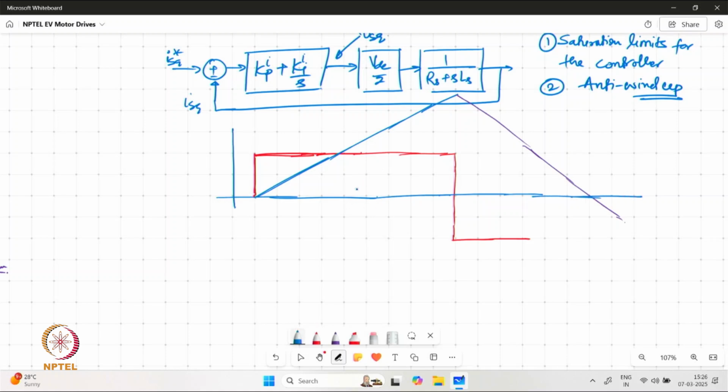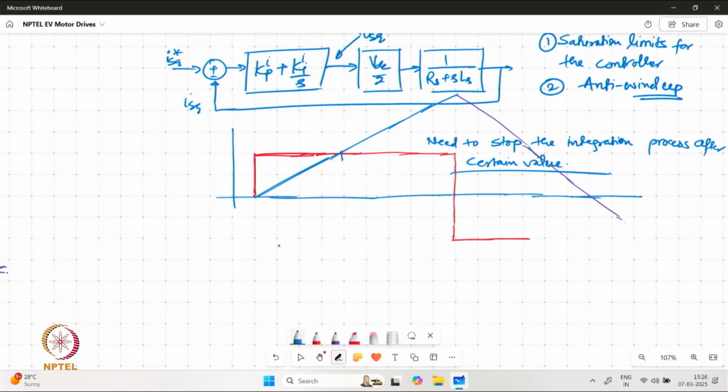So to avoid this phenomena, we generally need to stop the integration process after certain value.